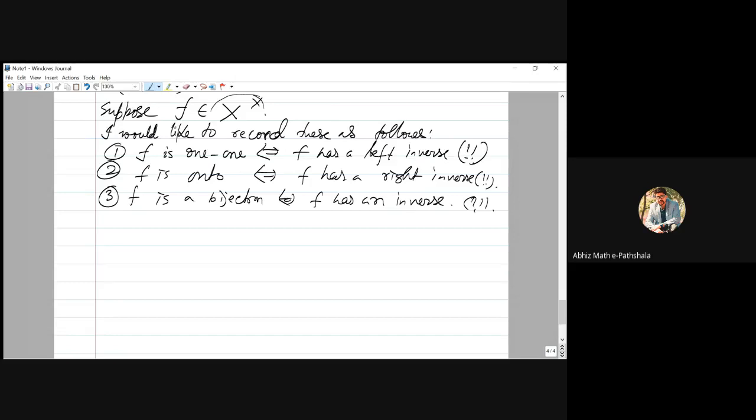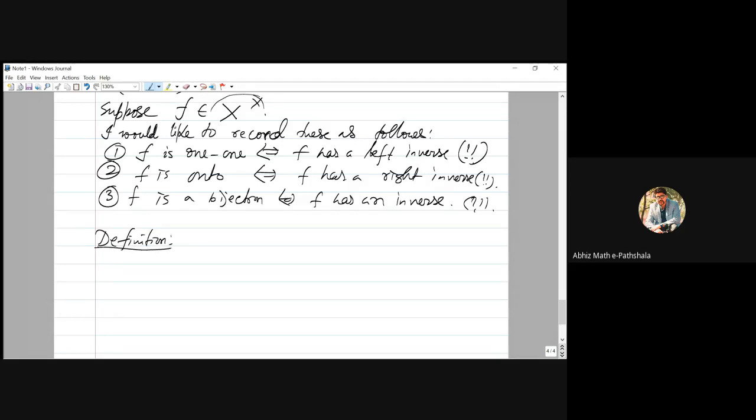So this algebraic system is of greater importance in group theory, in algebra. These algebraic systems are named as a group.